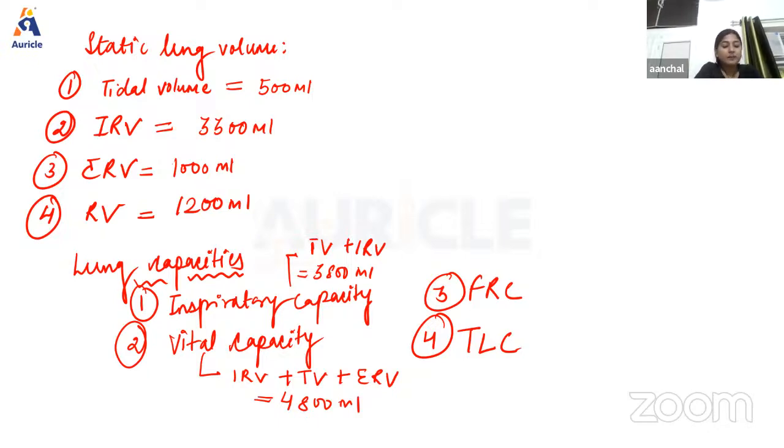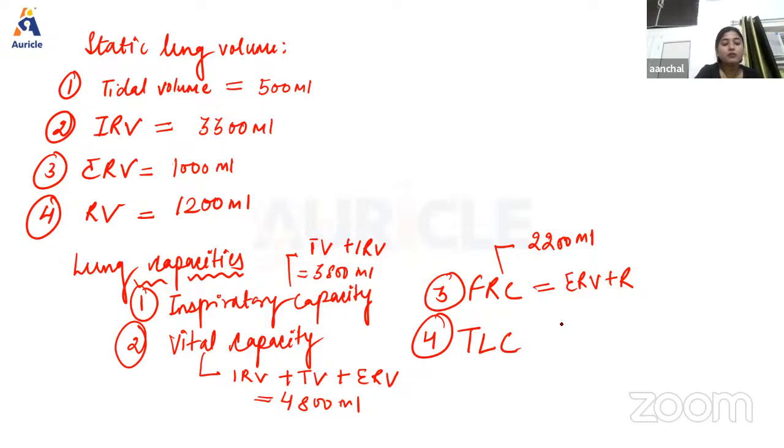Okay. Then we have FRC, that is functional residual capacity. Functional residual capacity is the volume of air remaining in the lungs after normal expiration. And for the determination of FRC, again we have a formula that is ERV plus RV, and it is 2200. Okay. Then finally we have TLC.